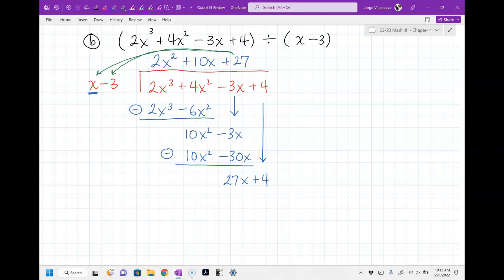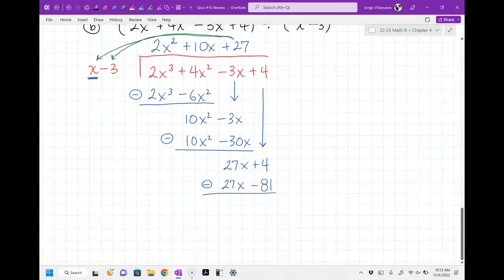Okay? So 27 times x is 27x. And 27 times negative 3 is, what would that be? 21, 6, 7, 81. So that's a negative 81. And we're going to subtract. So here we go.